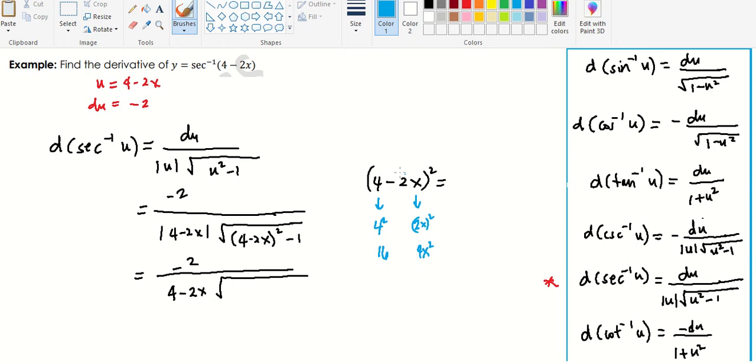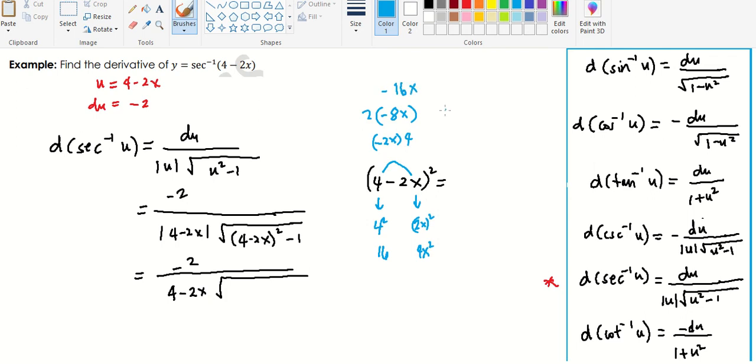Now to get our middle term, you are going to multiply or get the product of the first and the second. So negative 2x times 4, you will get negative 8x. And then multiply it by 2 or double it. If we're going to double this, it will give us negative 16x.